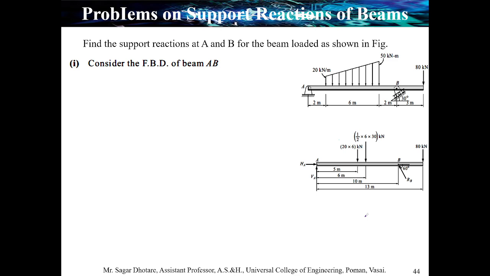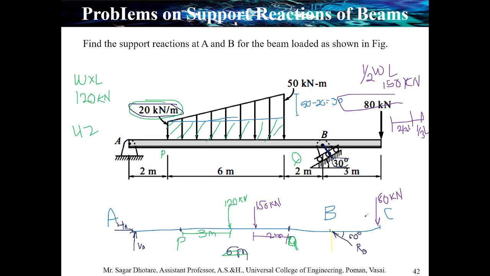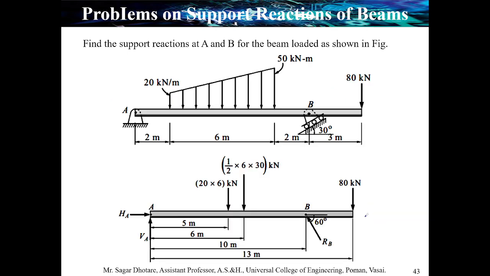Previously we made a small mistake, that is 30 into 6, that is 180, divided by 2, it's 90 kilonewton. That is my calculation mistake. Just recorrect it.